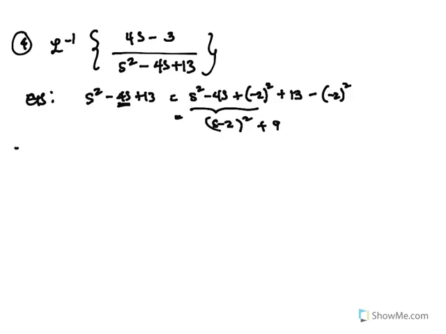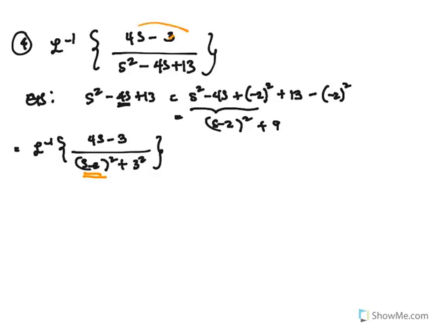So we can rewrite this as inverse Laplace of 4s minus 3 over s minus 2 squared plus 3 squared, or plus 9. Now, just like what we did in example number 3, because this is s minus 2 squared, it is not just s squared. It means that our given function basically comes from the shifting theorem.